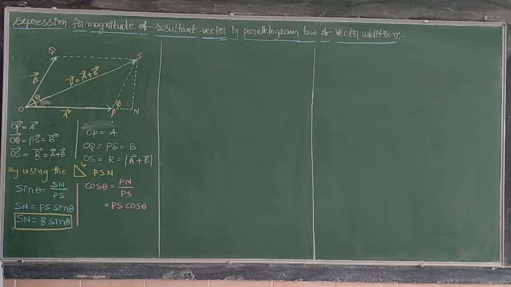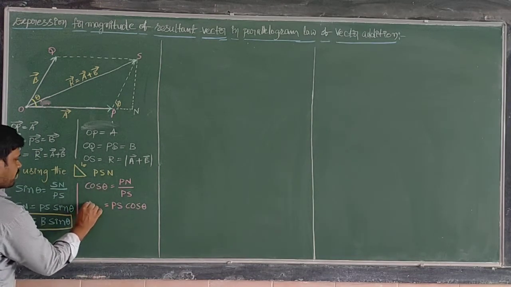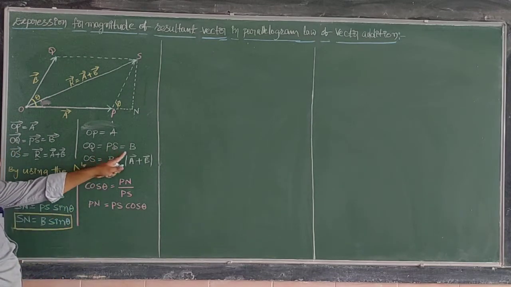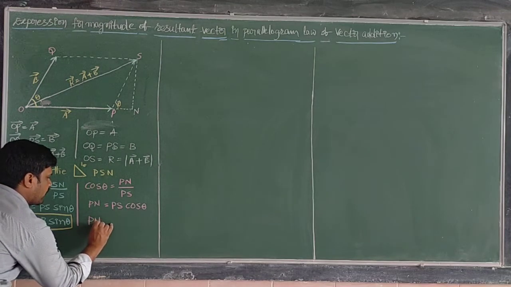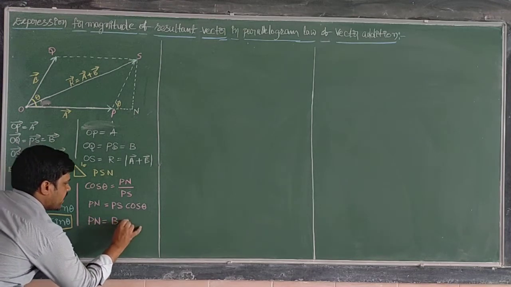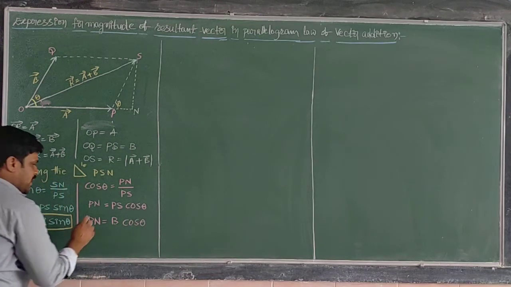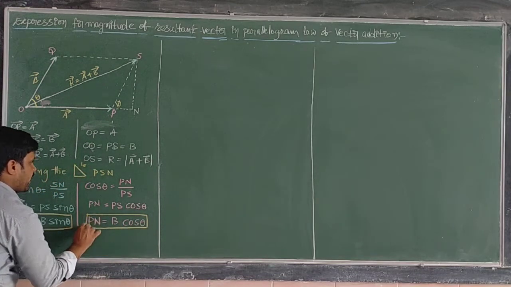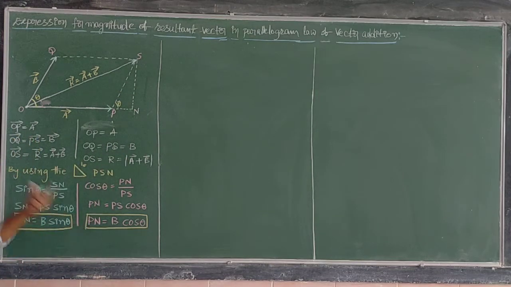Once again, PS is equal to B, so PN is equal to B cos theta. Whatever dotted lines we have drawn, one is PN, the other one is SN, and these two unknown values we got here.